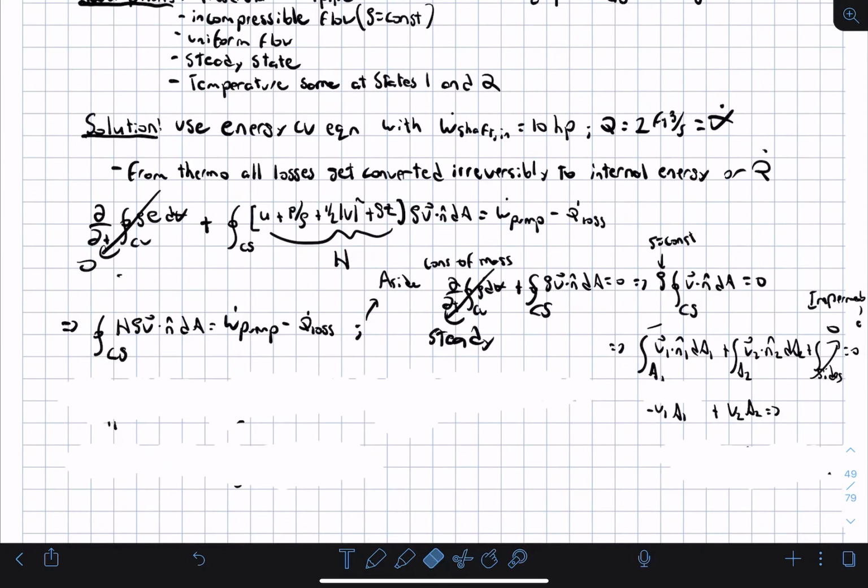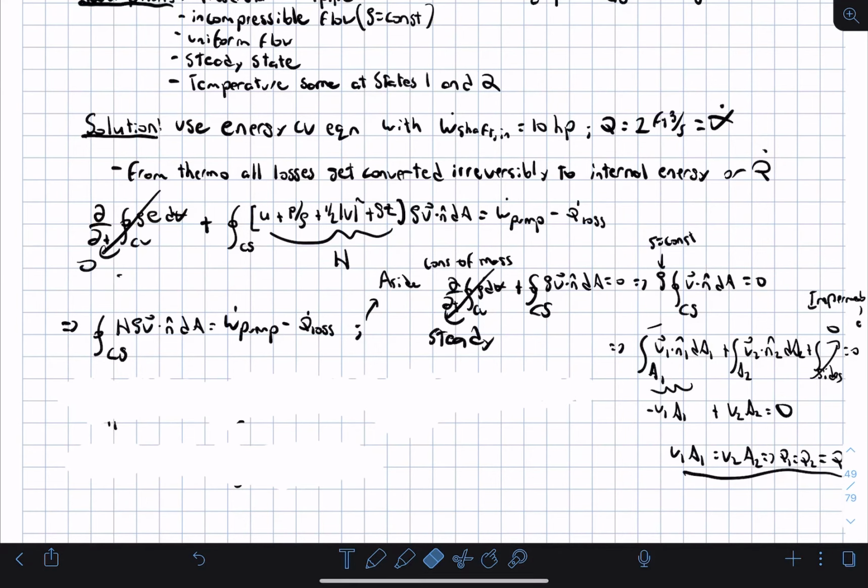So then we do those dot products. For surface 1, v dot n hat will just be minus v1 times A1. If we do the dot product thing in your homework, I would expect you to show that. And then the integral over A2 just becomes v2 A2, and this is equal to 0 because we're still working with conservation of mass.